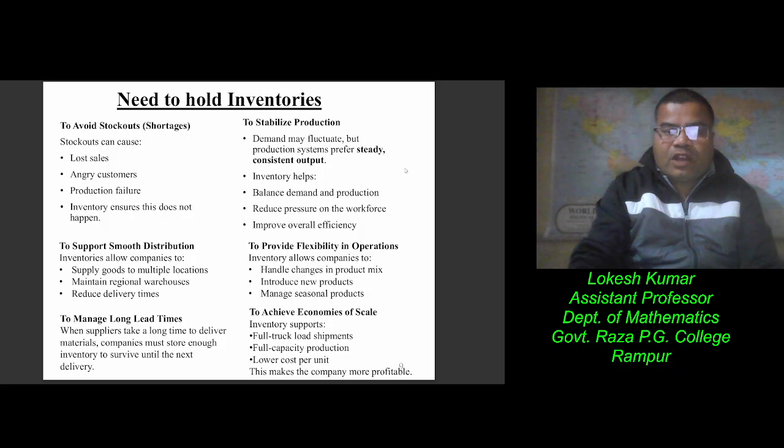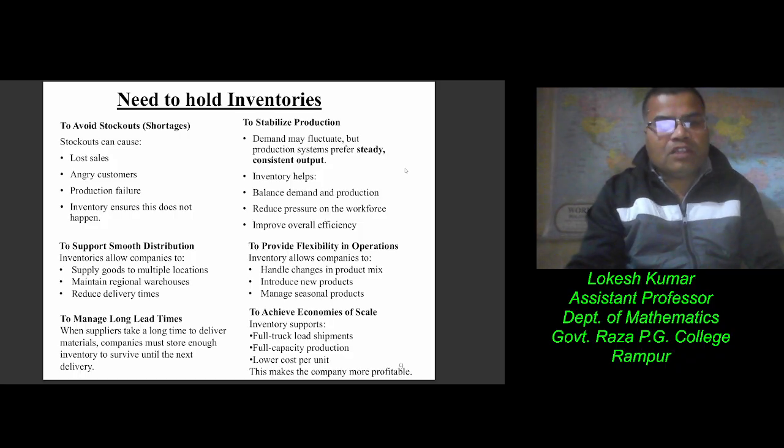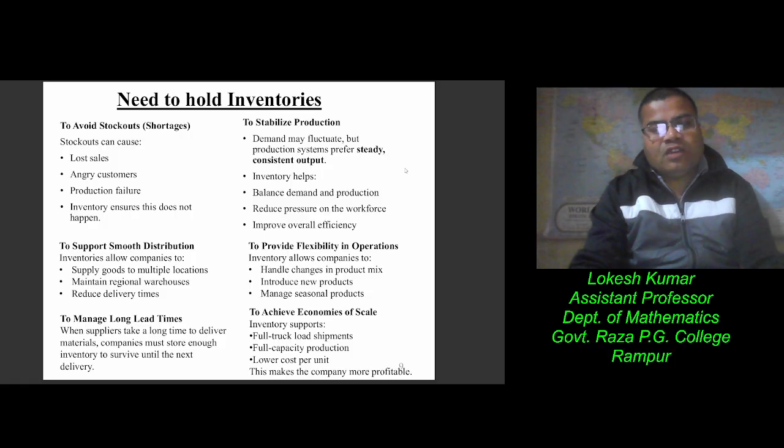To provide flexibility in operations, inventory allows companies to handle changes in product mix, introduce new products, and manage seasonal products. Another one is to manage long lead time. When suppliers take a long time to deliver materials, companies must store enough inventory to survive until the next delivery.